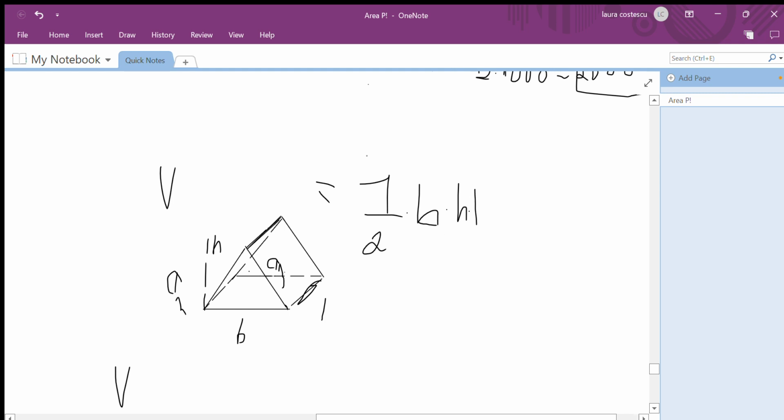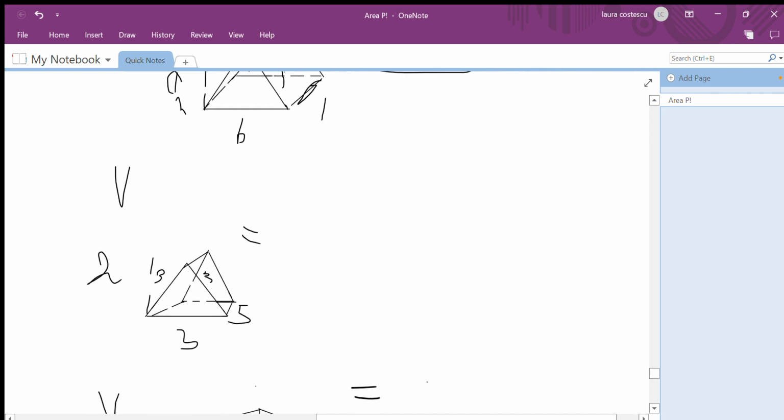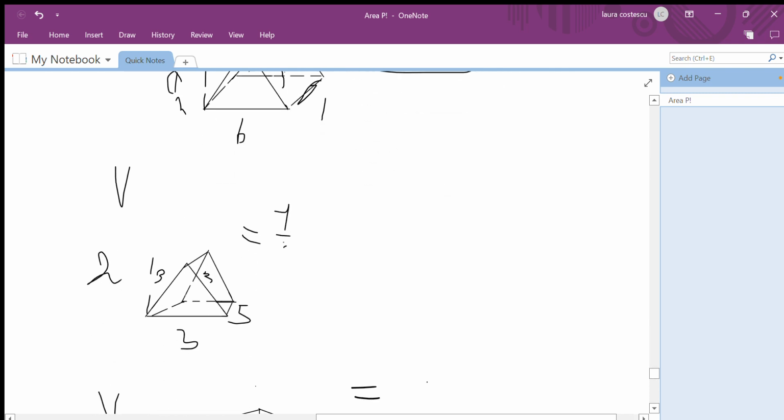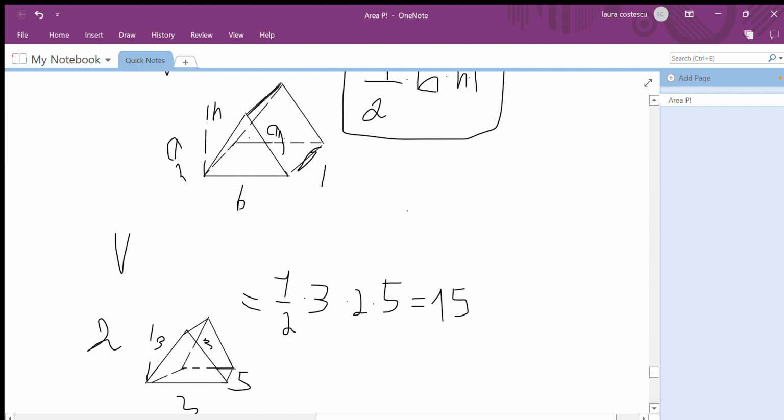So what is this? Take your time if you want to solve this, of course. You look at the formula, it's 1 over 2 times the base, so the base will be 3, times the height, which will be 2, times the length, which is 15, exactly, not an approximation. So yeah, this is it.